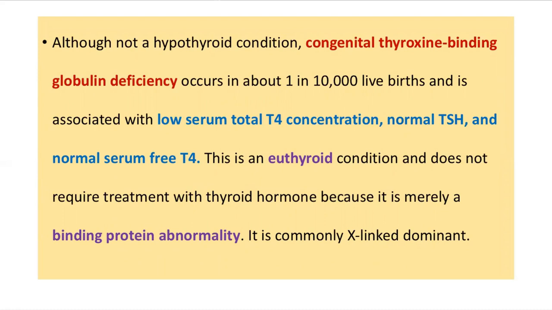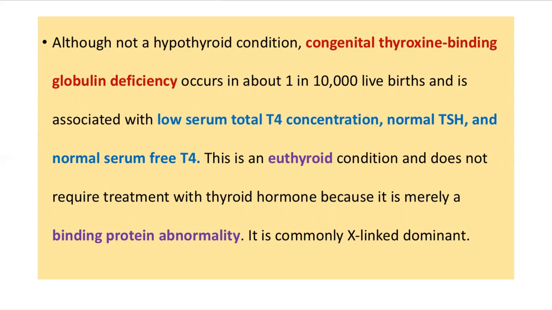Although not a hypothyroid condition, في حاجة اسمها congenital thyroxine binding globulin deficiency وده بيحصل in 1 in 10,000 live births. It is associated with a low serum total T4 concentration, normal TSH, and normal serum free T4.